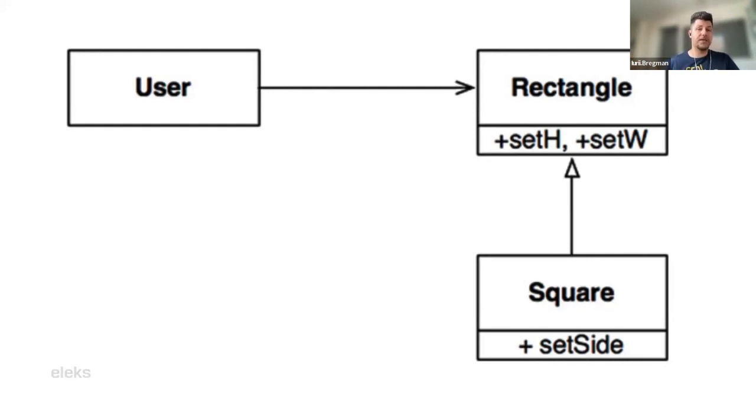Since the user believes it is communicating with a rectangle, it could easily get confused. The only way to defend against this kind of LSP violation is to add a mechanism to the user, such as an if statement or case statement or whatever control flow that detects whether the rectangle is in fact a square.